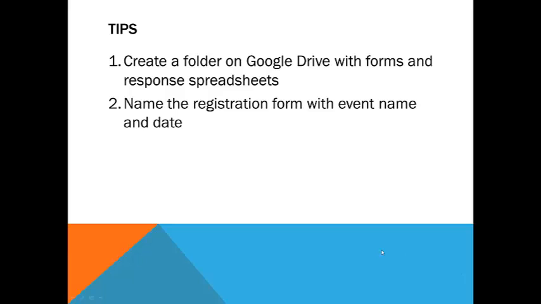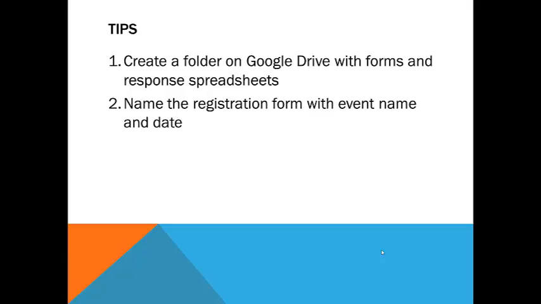Okay, just a couple of tips here. First of all, you're going to have lots of events building over time, so you might want to create a separate folder on your Google Drive to store those forms and response spreadsheets. The nice thing with that is that you can also share that folder so that the different folks in your organization that work with those events can have access to it.